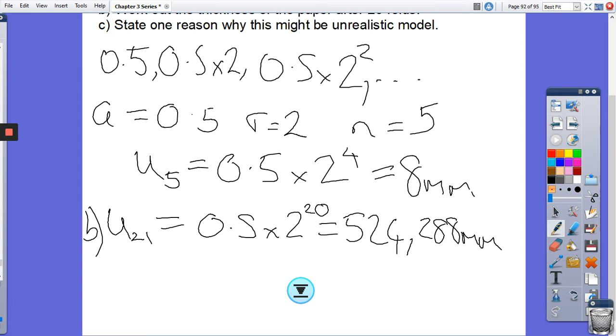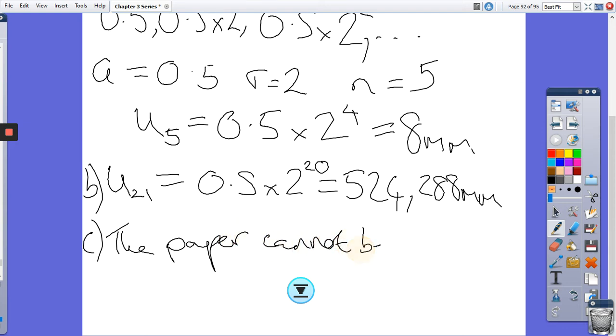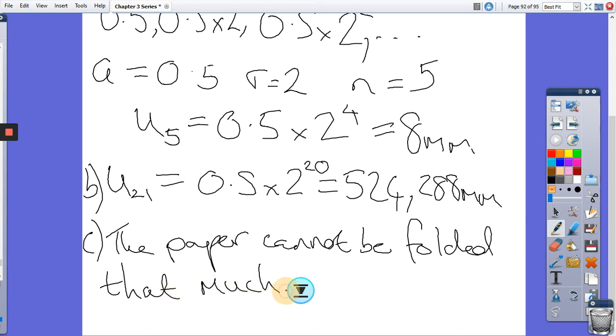So state one reason why this model might be unrealistic. I've said the answer already, but you need to write something down. As the paper cannot be folded that much.